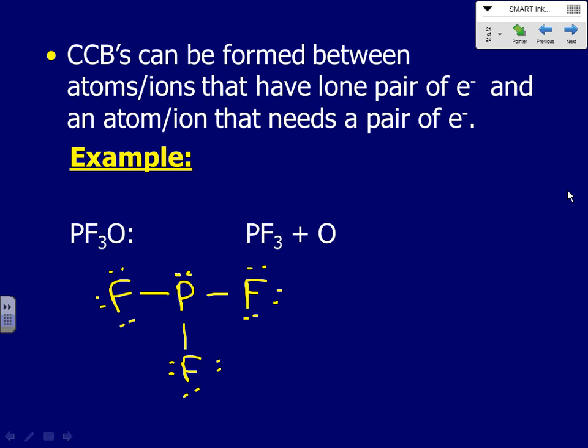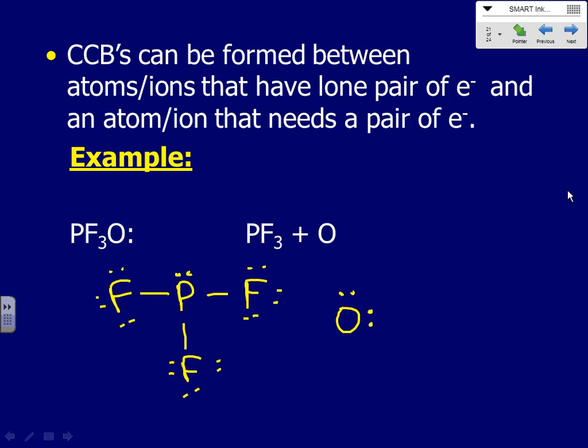Now, oxygen. Oxygen is an atom that has 6 electrons. 1, 2, 3, 4. And because I can't erase, I'm not going to draw on the 5 and 6 yet, but I will put it on the board. Oxygen can do a little trick.